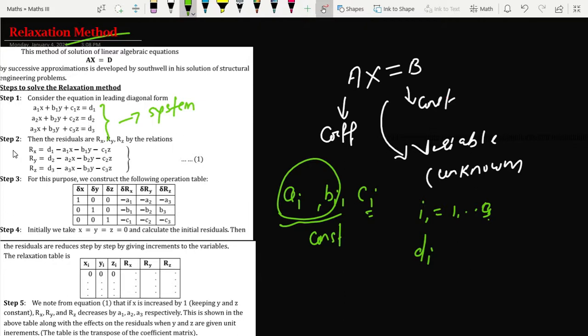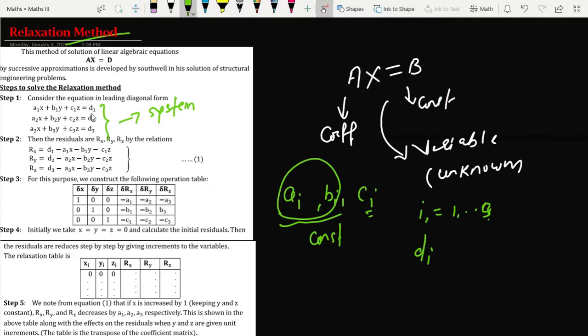In the second step, we construct the residuals, denoted by Rx, Ry and Rz. How do we find the residuals? We shift all the terms of the equation to the right hand side, making one side equal to 0.